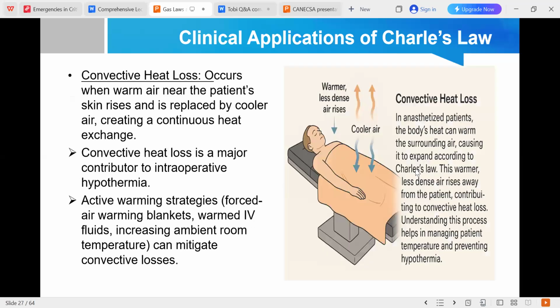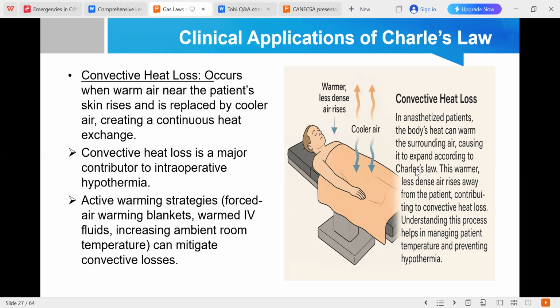All right. Charles' law is important in convective heat loss. When the warm air close to a patient rises, because when the air is warmed, it becomes lighter, and it's replaced by cooler air, creating a continuous heat exchange.